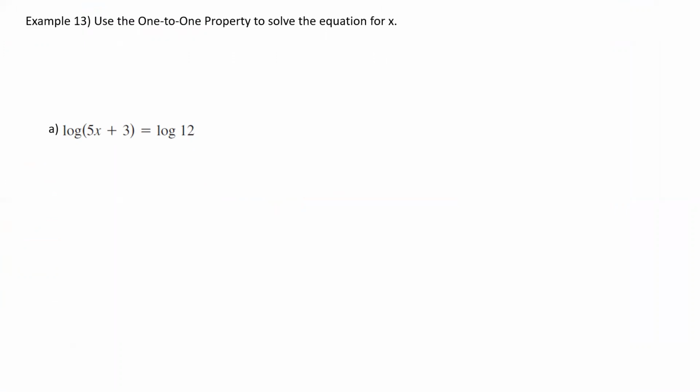So you have log on one side, you have log on the other. Are they the same base? Yes, they are the same base, because there is no base listed, therefore the base is 10 on both of them. So technically, you can cross them out, and then you actually do the problem itself.